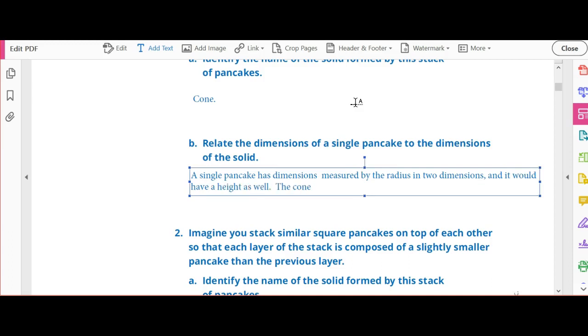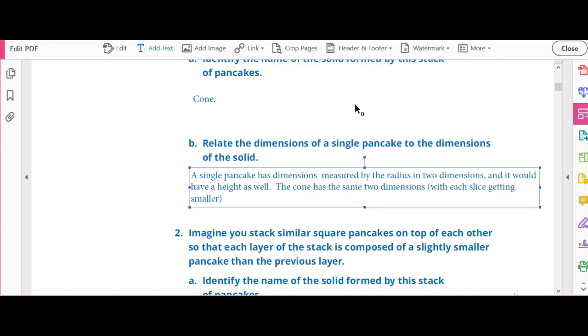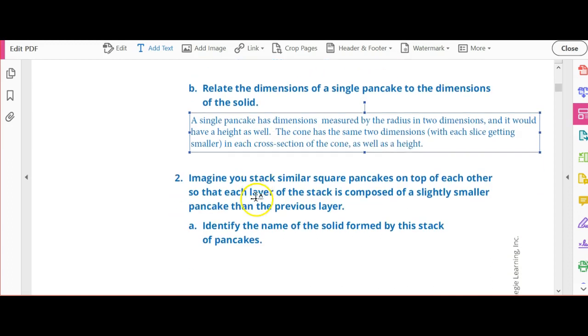The cone has the same 2 dimensions, with each slice getting smaller in each what we call cross section of the cone, as well as a height. Okay, we'll just put it that way.